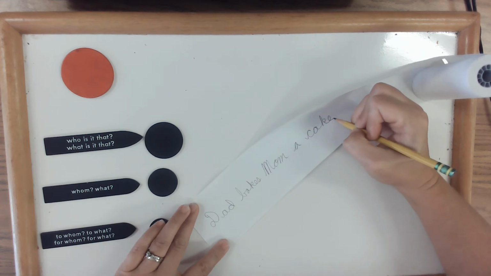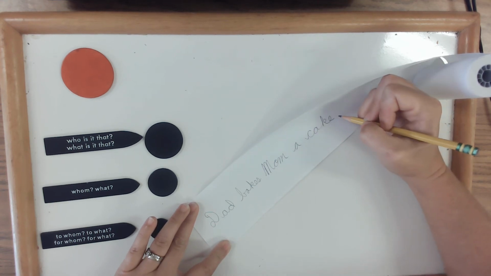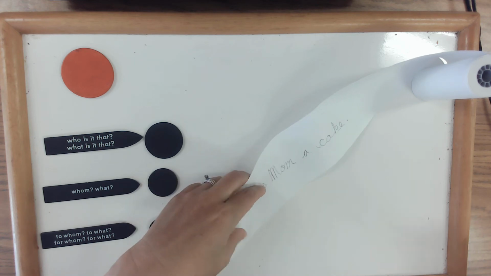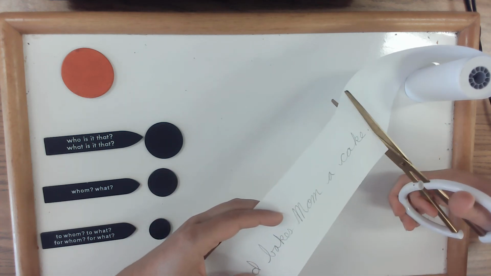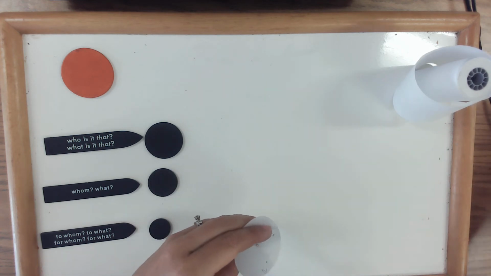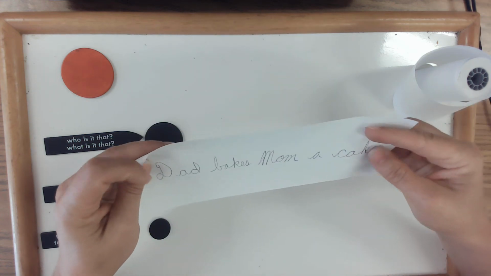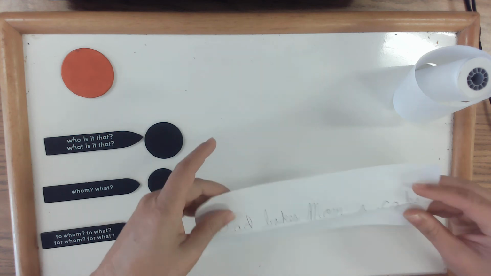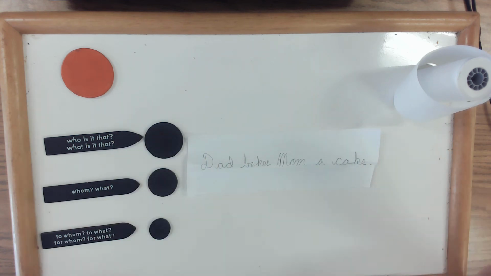I could also say Dad bakes a cake for Mom. Either way, you would do the same thing when you were analyzing your sentence. And we know that Dad did not bake Mom. He did not put Mom in the oven, did he? He baked Mom a cake. So if that sounds a little awkward to you, you could say Dad bakes a cake for Mom.